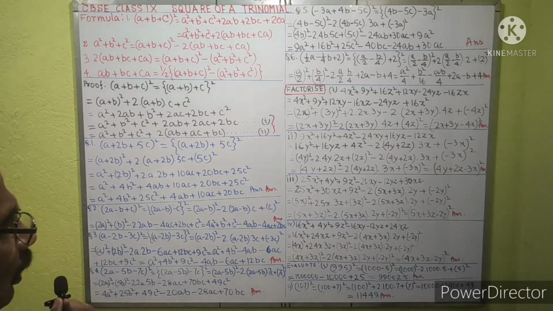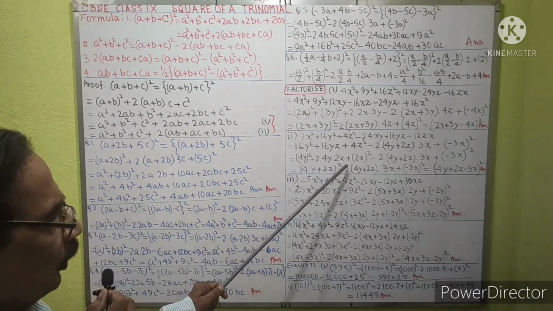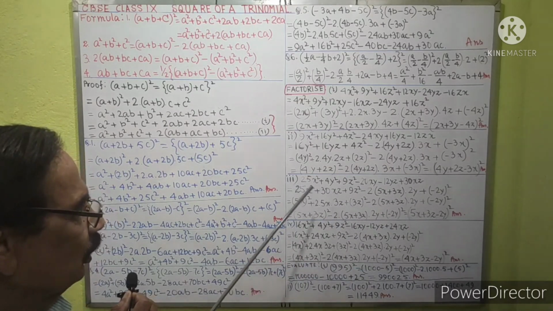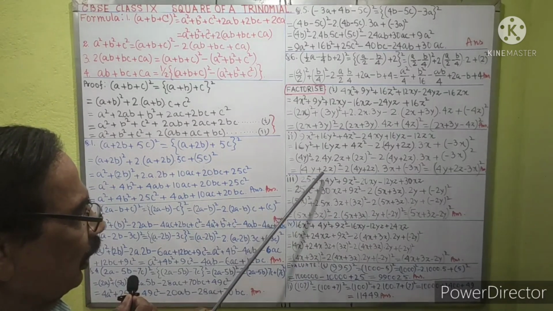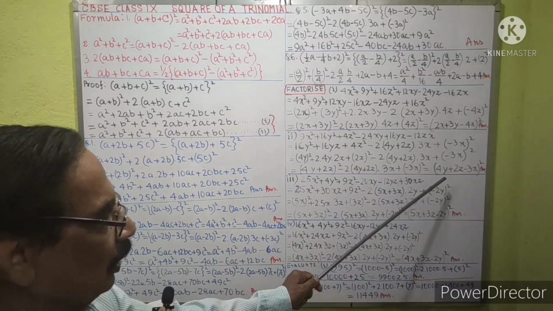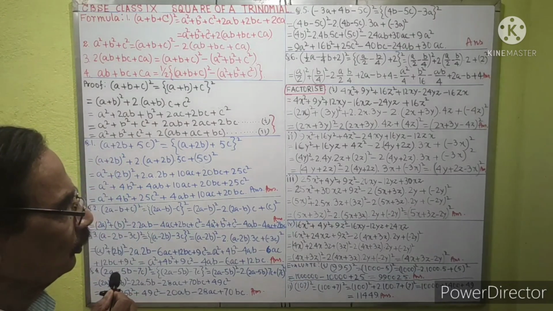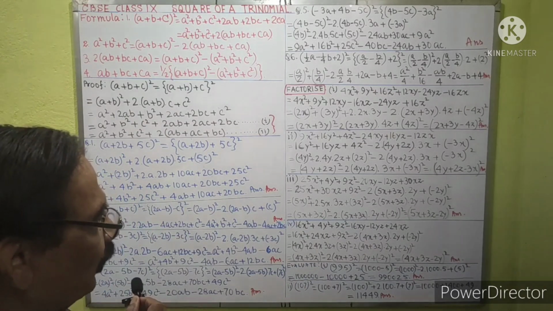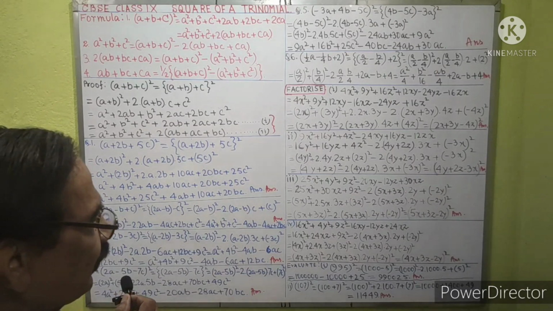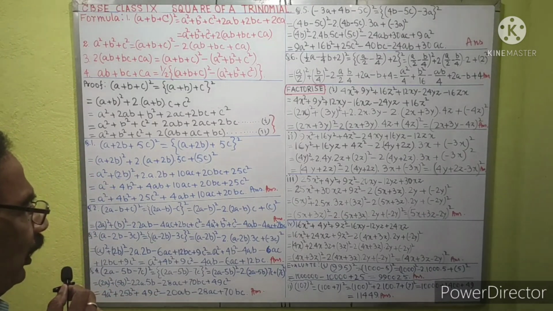After arranging we are getting this whole square formula, and 2 into a into b plus b square, so it is a square minus 2ab plus b square, that is (a plus b). A means 4y plus 2z and b equals 3x, the whole square. Again you can write this (4y plus 2z minus 3x) twice because it has got a square.